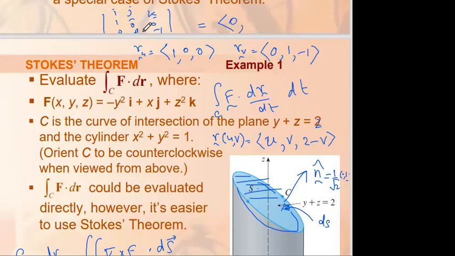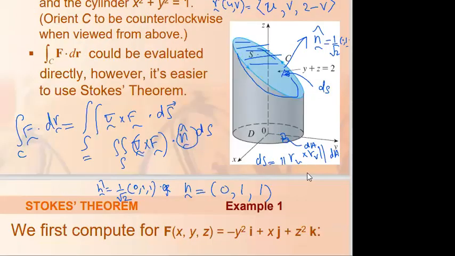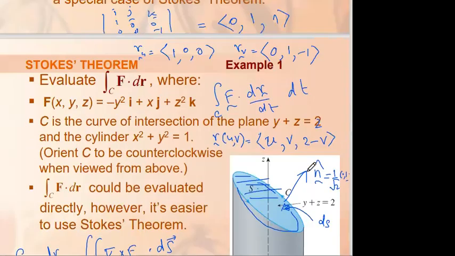The j component is minus 1, minus 1 would be 1. The other one would be 1. So the magnitude of this is square root 2.